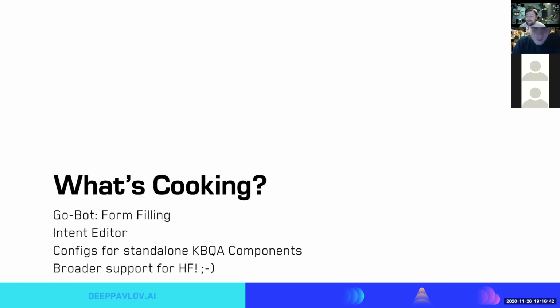It's not something you will see in GoBot in the coming months. It's something you will probably see by the end of Alexa Prize 2020 competition, which will end around August next year. But I just want to highlight that if you want to build AI systems today, intents and slot filling and form filling are very important components, the most important blocks of AI systems.